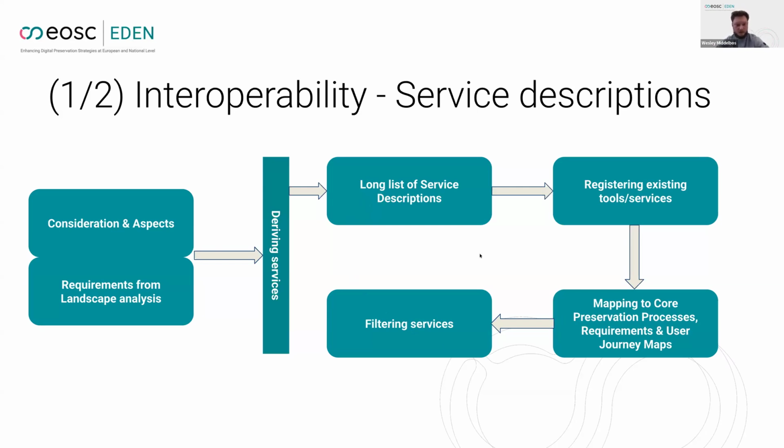So based on metrics, for example, how many times a service was mentioned in the user journey maps, which became available after the deliverable, how many core preservation processes we could map to them, how many requirements from the landscape analysis we could map to it, and how many attributes, we put it in a sheet, did some initial filtering, and ended up with a list of 29 services.